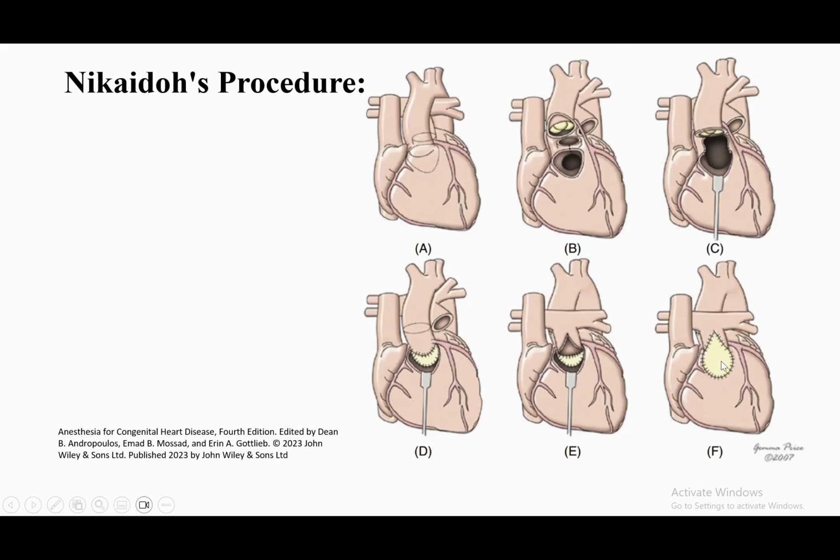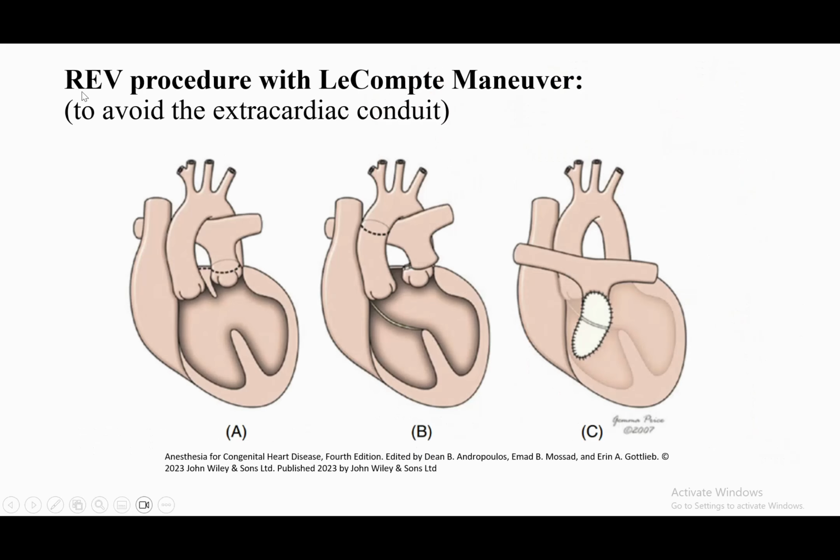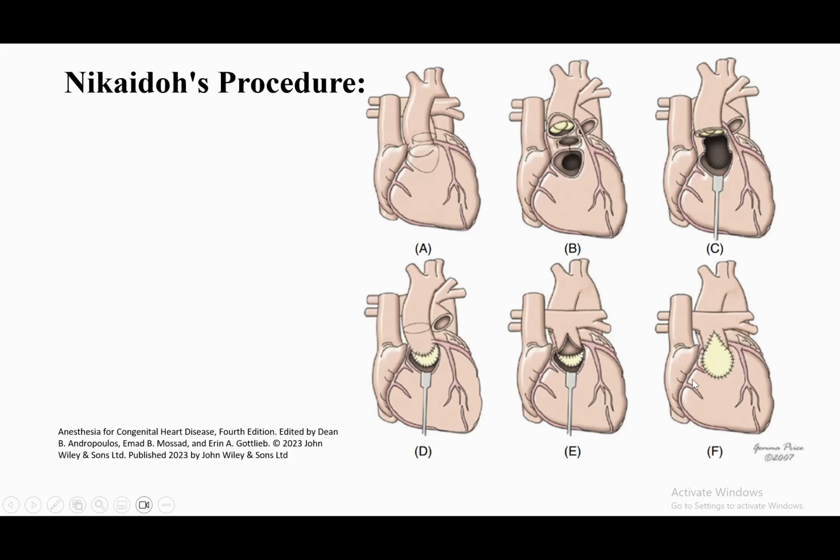So the result in the Nikaidoh operation and in the REV operation is that the pulmonaries are directly connected to the RV, and there is free pulmonary regurgitation. This can be addressed later when the patient reaches teenage or puberty or later.